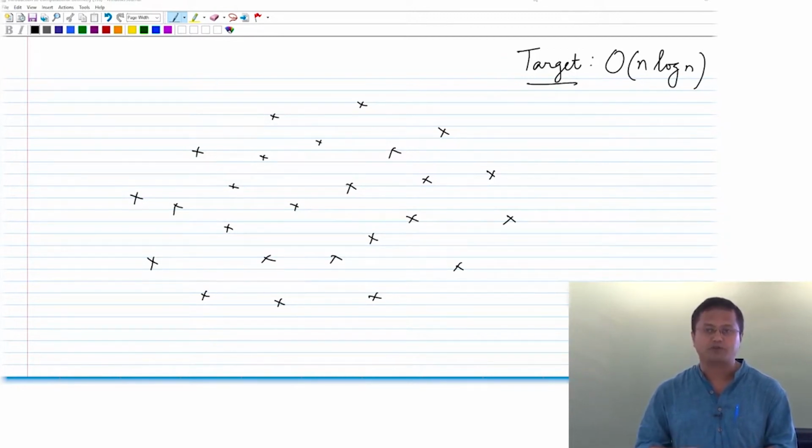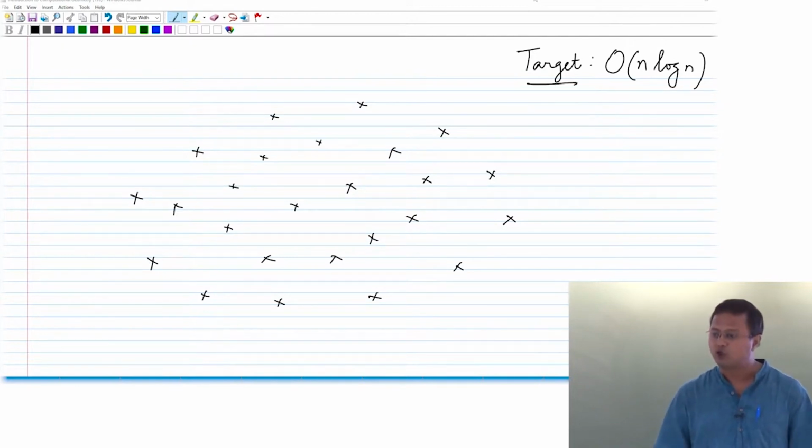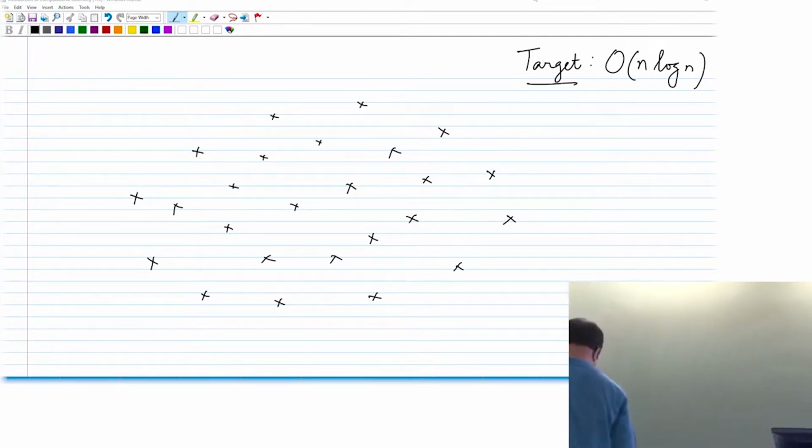A lower bound is about a machine model, and here the machine model can do only comparisons. One can show that the problem of sorting has a lower bound of omega n log n, and by a reduction from sorting one can also show that convex hull also has a lower bound of omega n log n. So, if we can achieve this target, then we are doing pretty good. Fine.